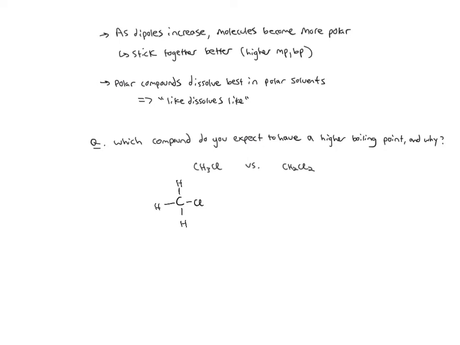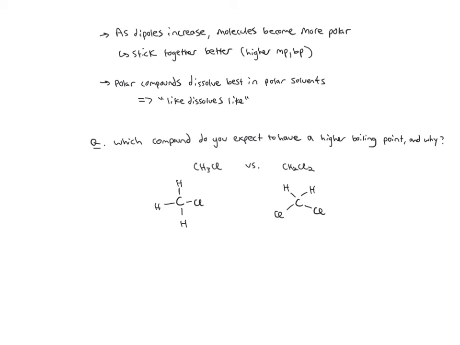We have our CH3Cl, and we have our CH2Cl2, or dichloromethane, which is a solvent that you use a lot in the lab. Out of these two, which one do we think is going to have the higher boiling point?